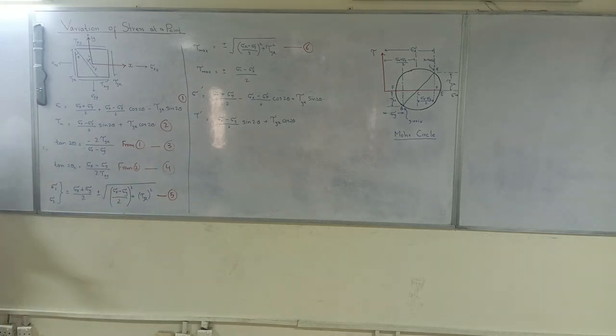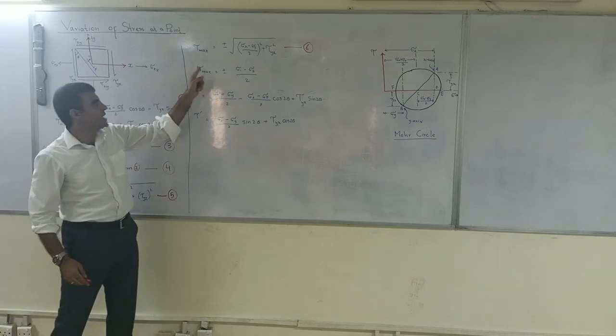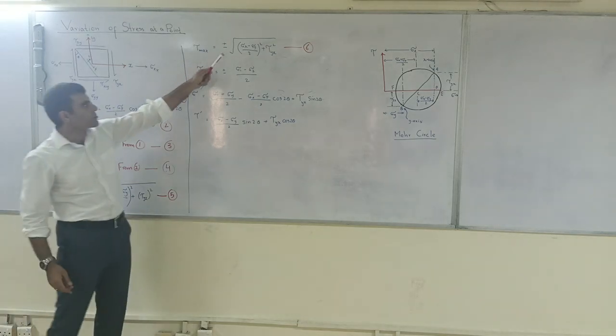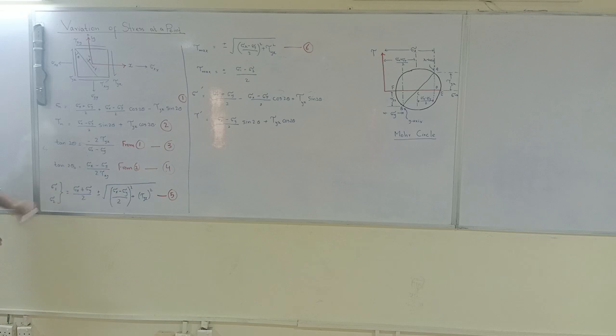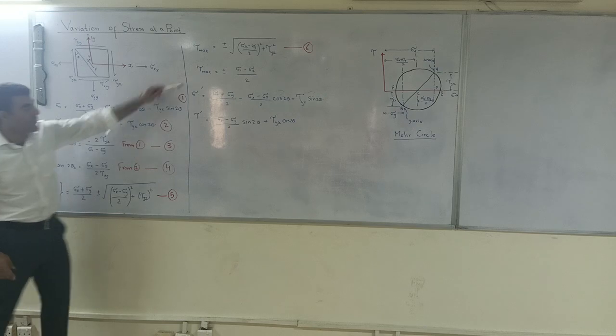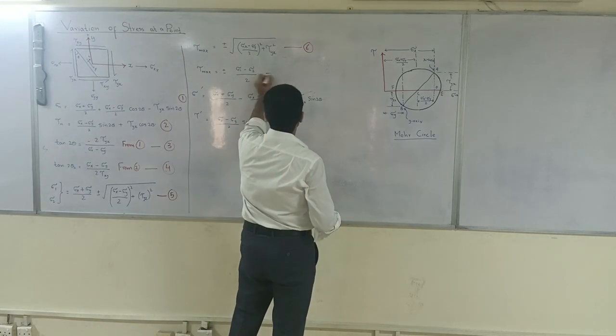If I take stress 1 minus stress 2, this will cancel out and I will get 2 times this thing. And when I divide it by 2, I will get the tau max value, which is that. So that is derived from this equation, keeping in view equation 6, this one. So this comes out to be 7.